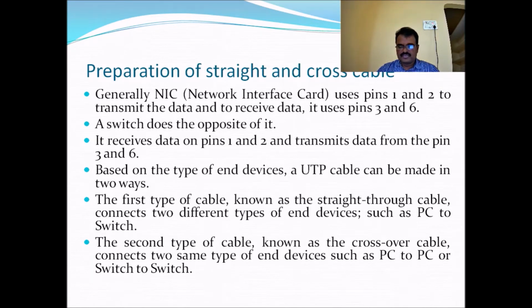In computer networking, if we are going to connect two dissimilar devices like a computer with NIC and a switch, in this case we prepare the cable in the form of a straight through cable. So there are two types of cables: the straight through cable, used when we connect different devices in network connectivity, and the crossover cable, used when we connect similar devices.